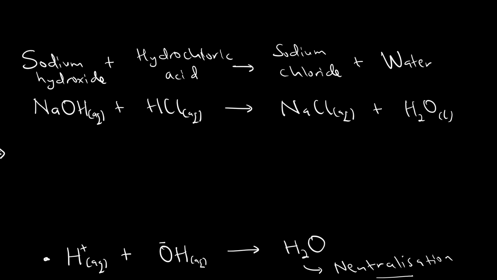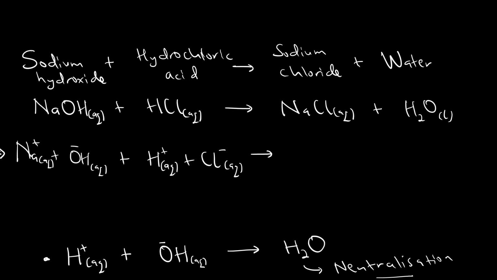So this is the equation, hopefully, that you got. So let us quickly see how it is obtained. We shall write down the ions present: sodium ions aqueous plus hydroxide ions aqueous plus hydrogen ions aqueous, chloride ions aqueous from the hydrochloric acid to form our table salt, sodium chloride. The ions will be in solution form because salt is soluble in water, chloride ions, and then our water, which will be a molecule, it will not ionize.